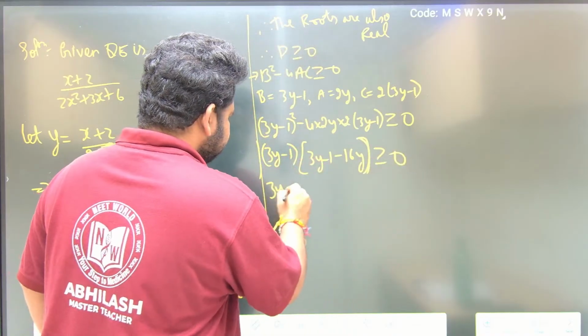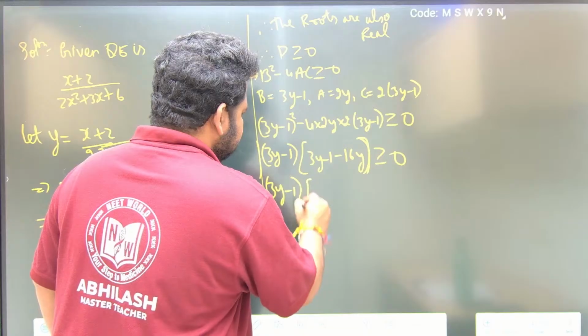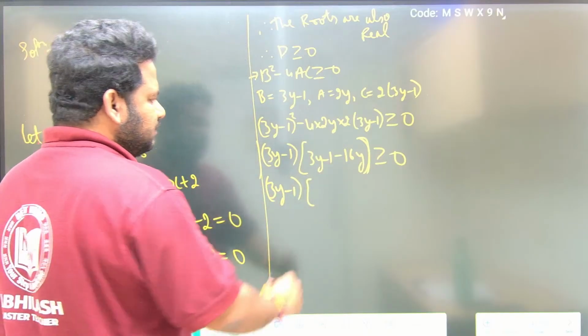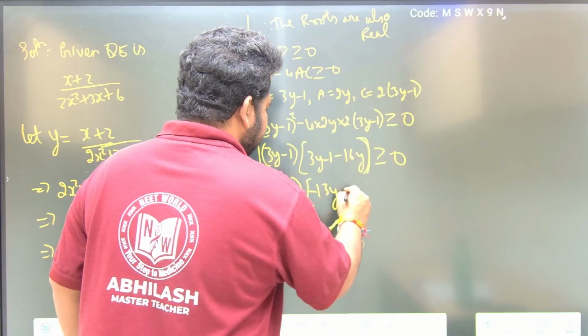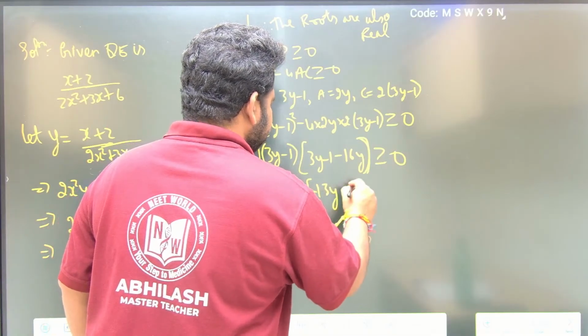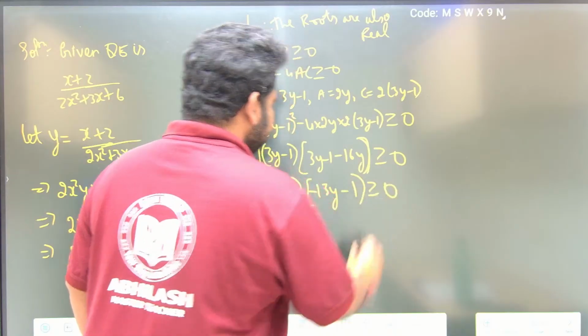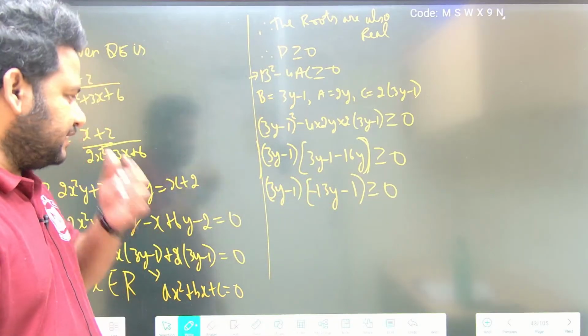Then 3y minus 16y is minus 13y, so minus 13y minus 1 is greater than or equal to 0.